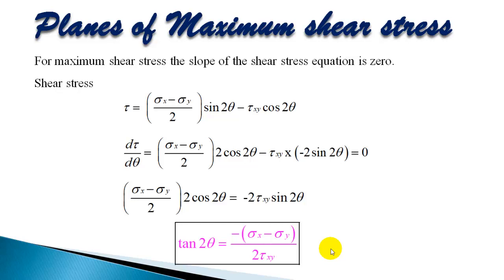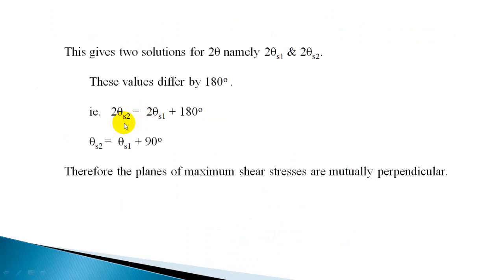Since tan (180 plus theta) is equal to tan theta, if you add 180 to the angle which you got, that should also satisfy the equation. So 2 theta s2 is equal to 2 theta s1 plus 180 degree, or dividing by 2 you get theta s2 is equal to theta s1 plus 90 degree.